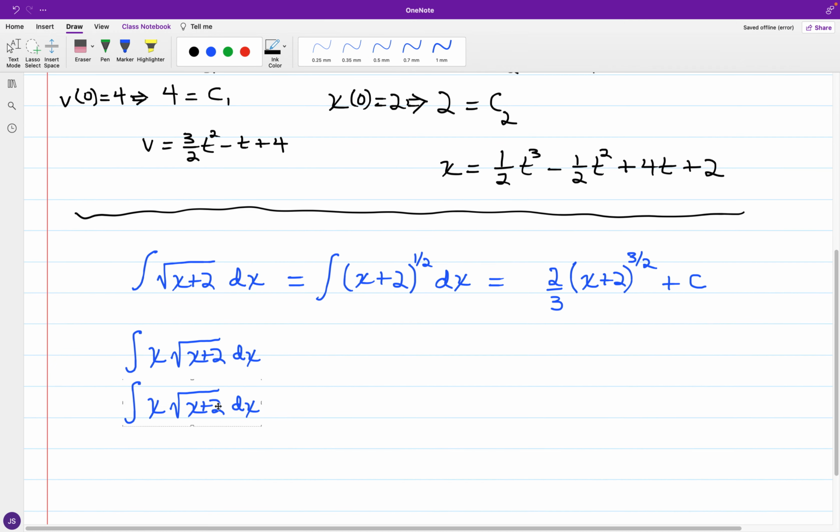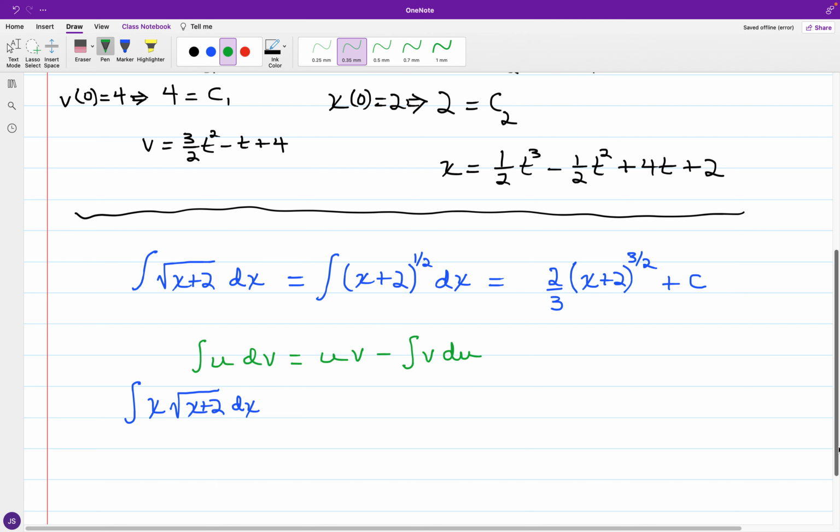As a reminder from earlier calculus classes, the integral of u dv is equal to u times v minus the integral of v du. Some textbooks might have it as v times the integral of du.